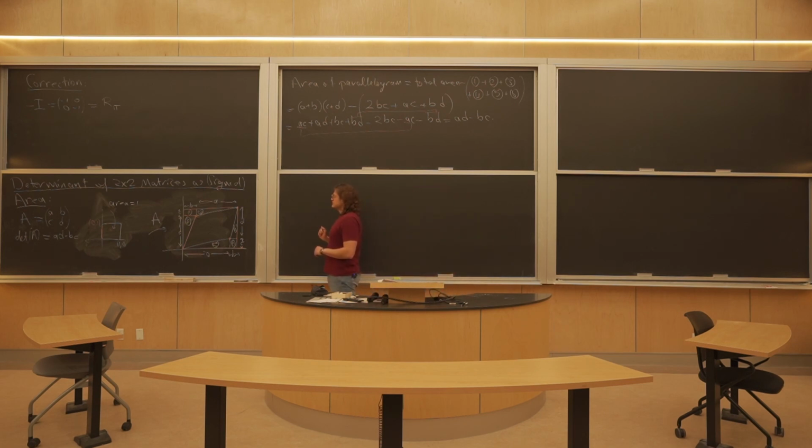One thing I want to mention, this is very important, is this. If I were to take two 2x2 matrices and apply them in series, then the determinant would be multiplicative. This is a very important property.